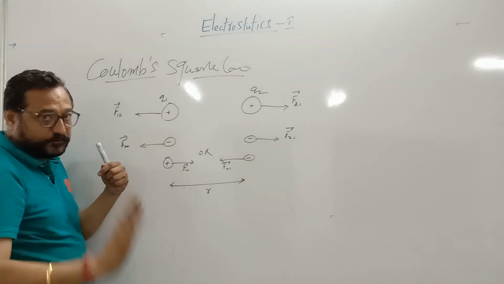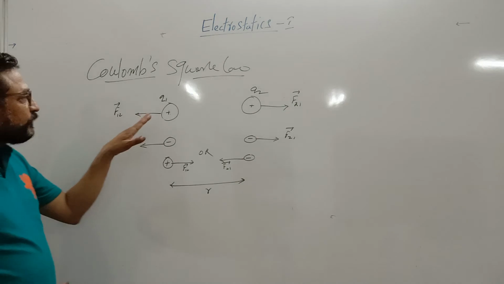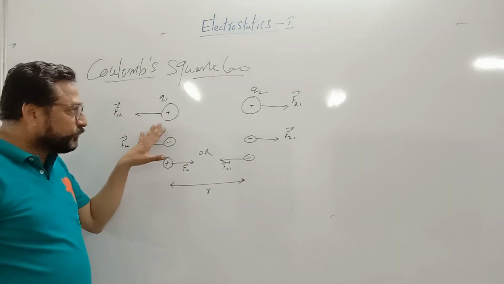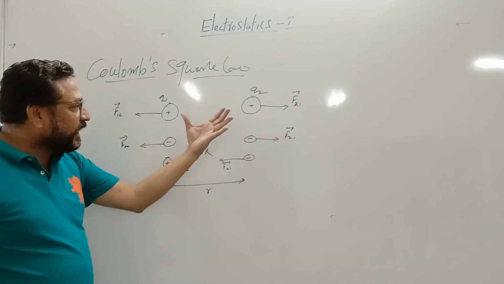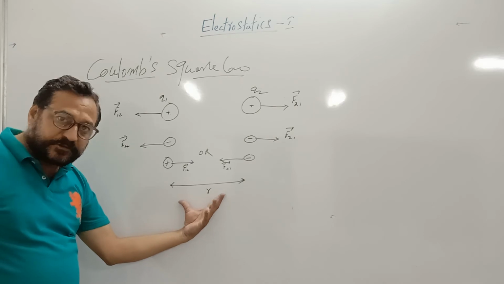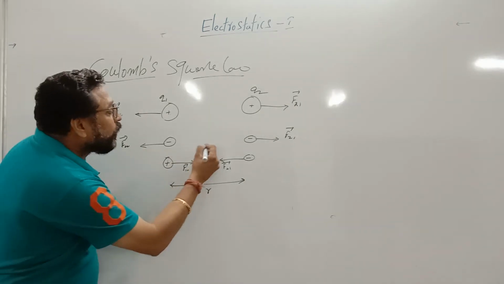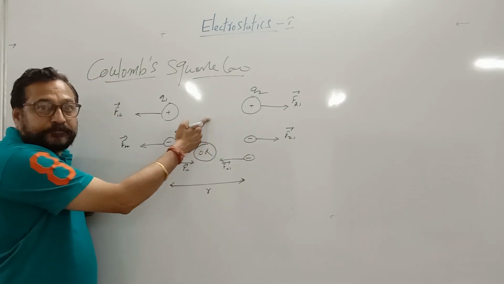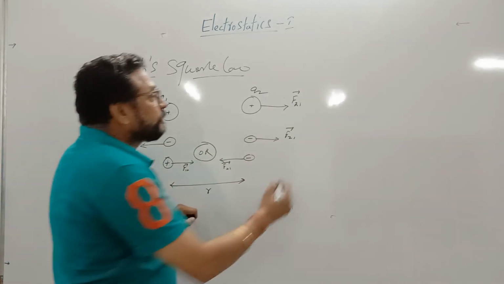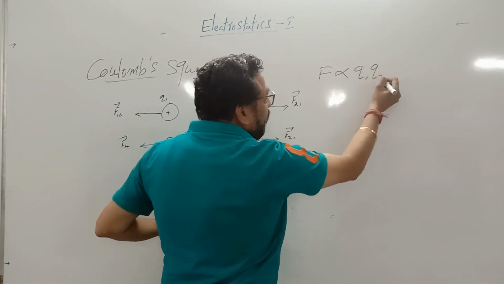And now we derive the statement of Coulomb's inverse square law. What is Coulomb's inverse square law? The statement: when two charges Q1 and Q2 are placed at a distance of r, then the force of attraction or repulsion is directly proportional to the product of these charges.